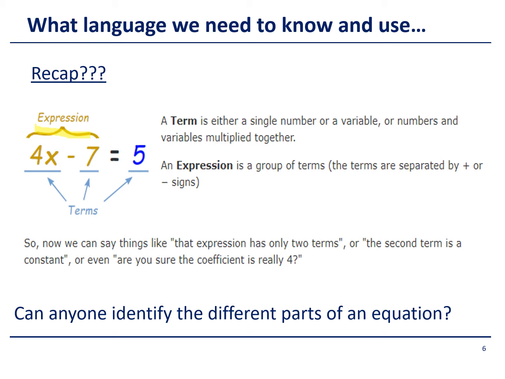So start thinking about what those were. Can anyone identify the different parts of an equation? So just test yourself out now in your book or on a piece of paper and just write down the 4 different parts that we were learning for an equation.